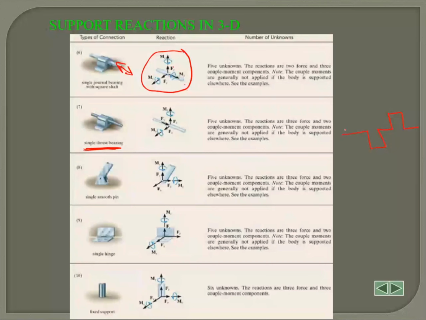Do you know the crankshaft in an engine? Yes, sir. So the crankshaft rotates. So why doesn't the crankshaft come out? Because you got a bearing here, which will allow movement in one direction, but it will not allow movement in the other direction. So that's a thrust bearing.